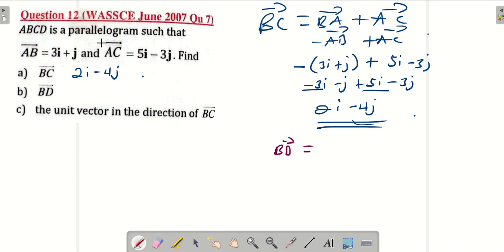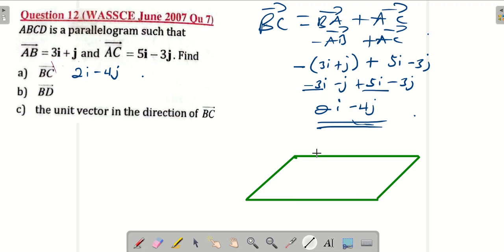Okay, so alright, so let me draw the parallelogram and use it to analyze the BD. So we have A, B, C, and D.